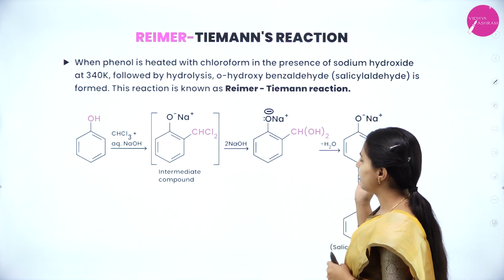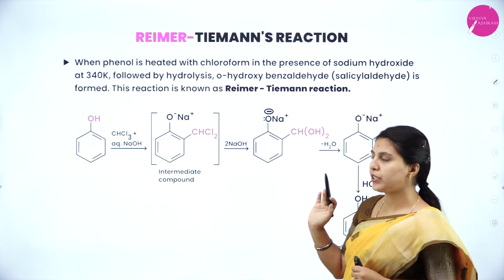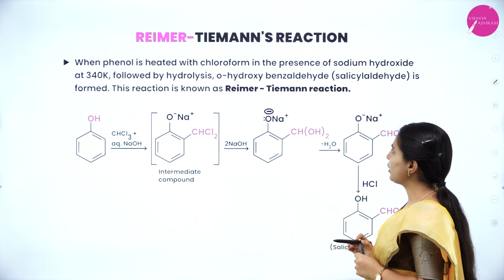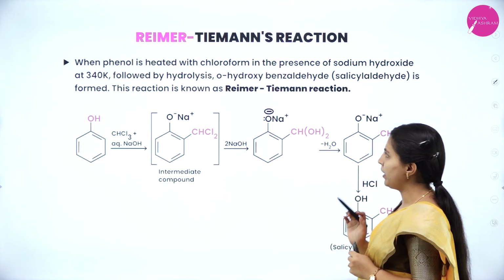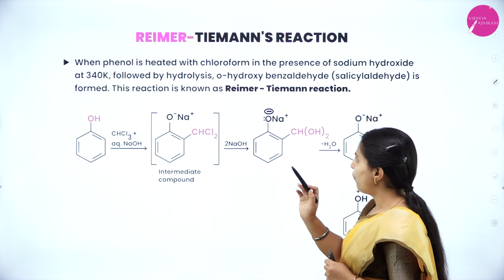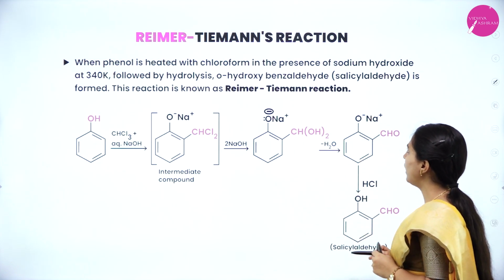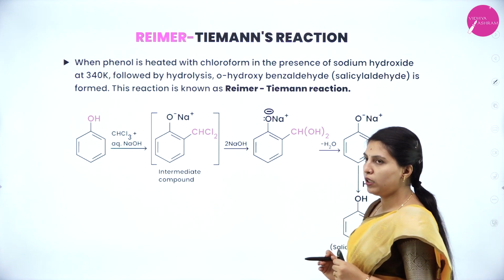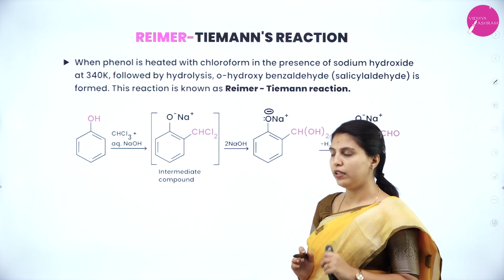Next, Reimer-Tiemann reaction. This is also a very important reaction. When phenol is heated with chloroform in the presence of sodium hydroxide at 340 Kelvin, followed by hydrolysis, orthohydroxybenzaldehyde will form. This reaction is called Reimer-Tiemann reaction.